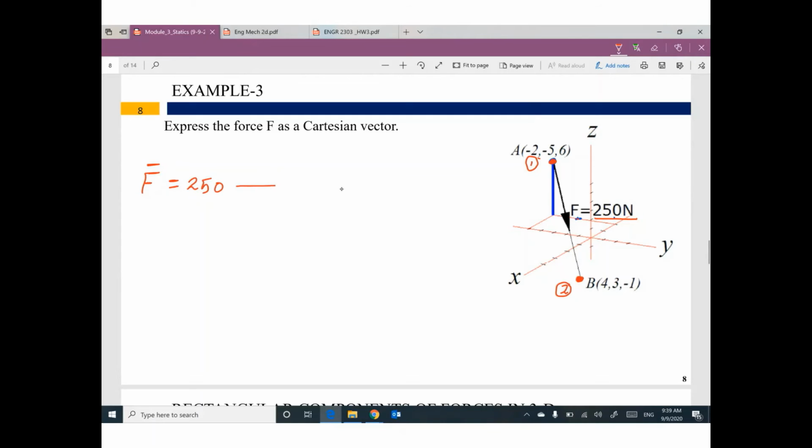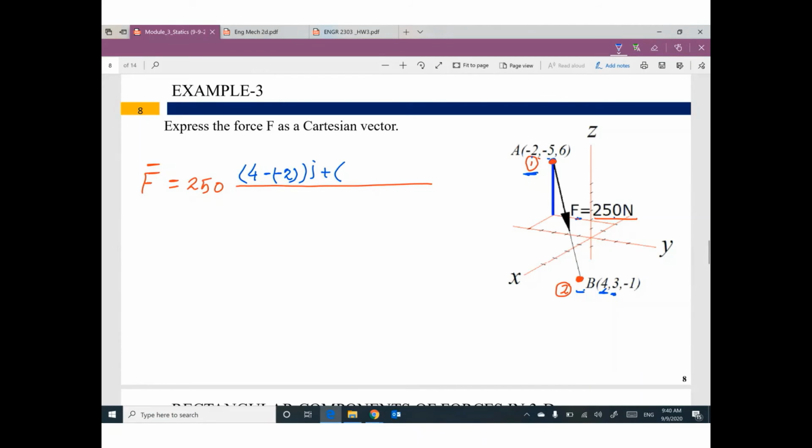Then what? You said from A to B, so the second point minus the first point. So x coordinate minus x coordinate. So 4 minus 2, this value is i. Y coordinate minus y coordinate.